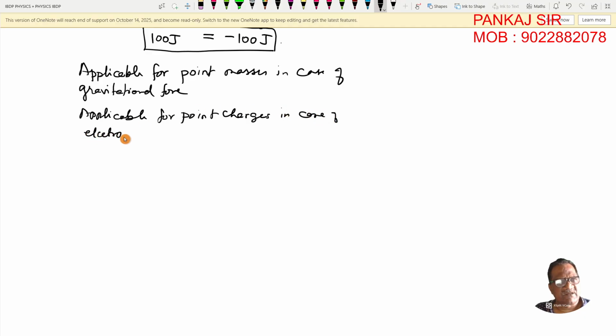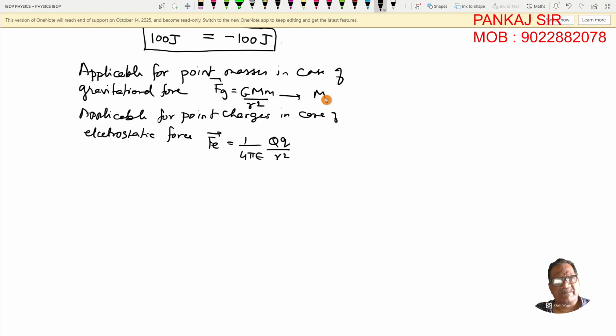So when we are using the respective formulas, that is Fg is equal to G m m upon r square, and Fe is equal to 1 upon 4 pi epsilon q q divided by r square, you have to see that the masses are point masses.